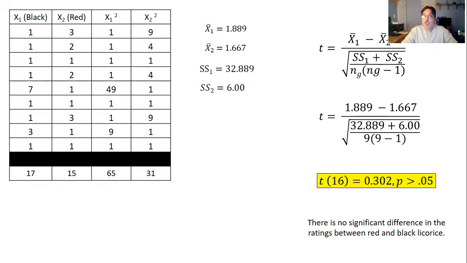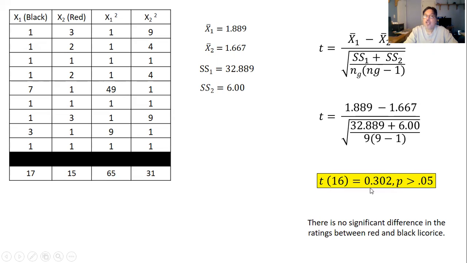t is equal to 1.889, mean of group 1, minus 1.667, mean of group 2, all over the square root of 32.889 plus 6.00 divided by the quantity 9 times 9 minus 1. So solve the bottom here, divide into this quantity, take the square root, divide the bottom into the quantity at the top.